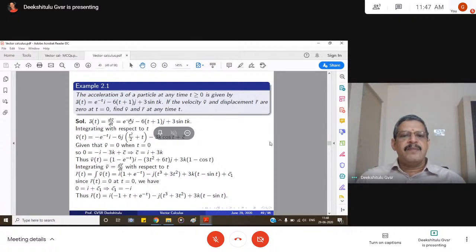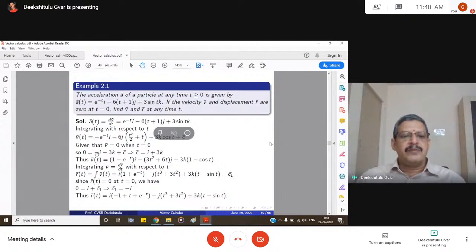So v bar is minus e power minus t i, integrate this, minus 6j times t square by 2 plus t, and minus 3k cos t k, plus c bar, an integration constant. Given that the velocity and position vector are 0 at t equal to 0, put t equal to 0 here. This is minus i. The other term at t equal to 0 completely becomes 0. Cos 0 is 1, so minus 3k plus c.